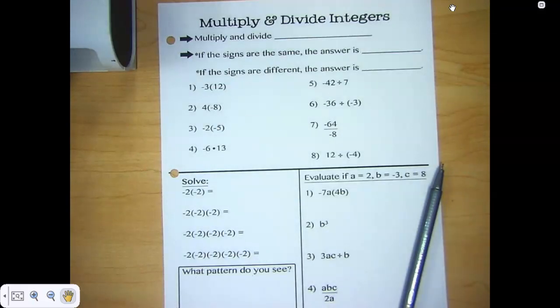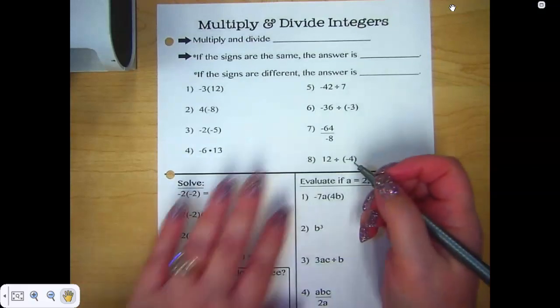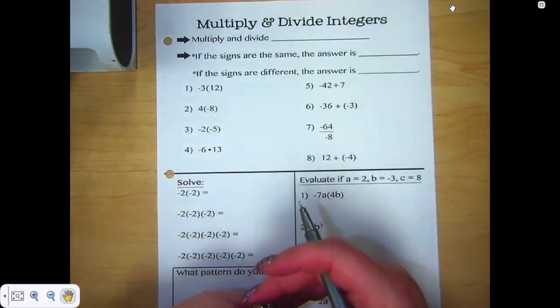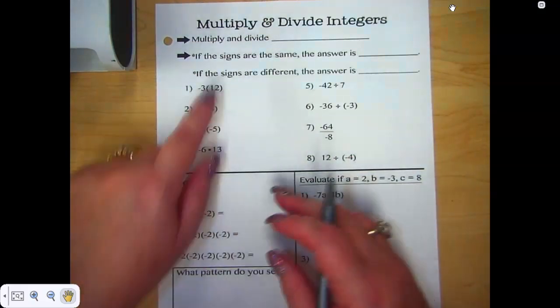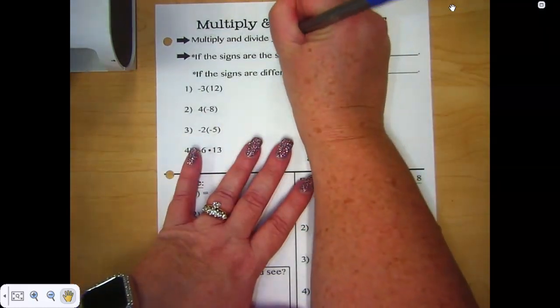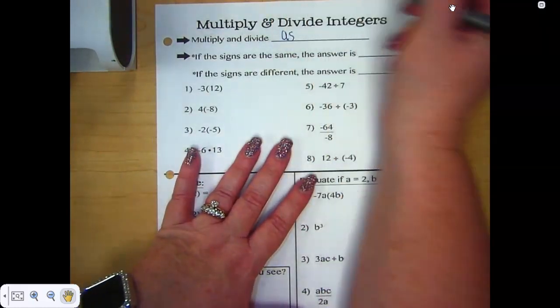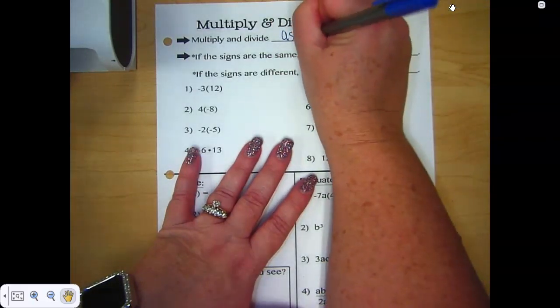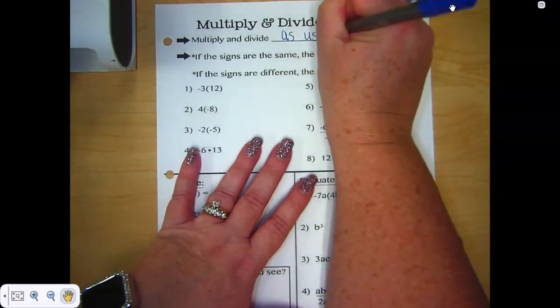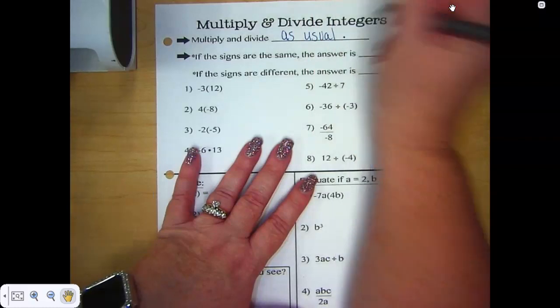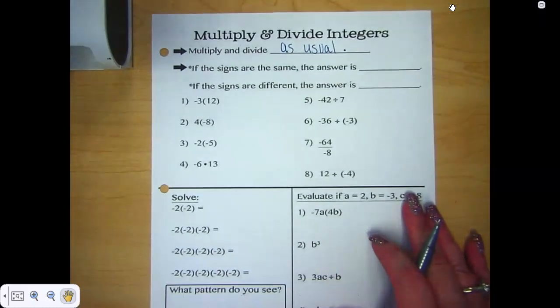Now we're going to look at the rules for multiplying and dividing integers. When you multiply and divide positive and negative numbers, you multiply and divide as usual. That means you just do the same multiplication and division as you normally do. So this needs to say as usual, in this blank. As usual.